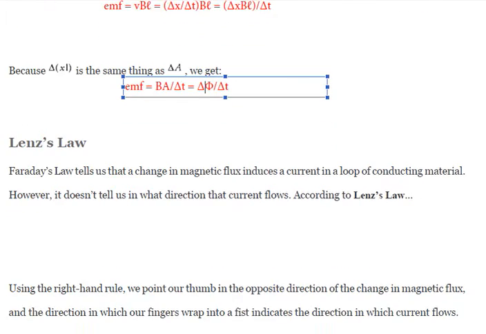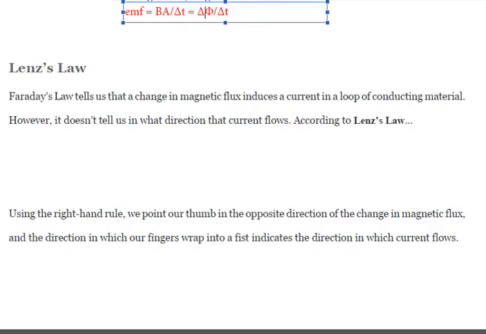Alright, so that's Faraday's law, and on to Lenz's law. Faraday's law tells us that a change in magnetic flux, delta phi, induces a current in a loop of conducting material. But what it doesn't tell us is what direction that current is going to flow.